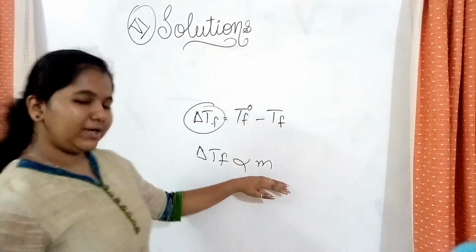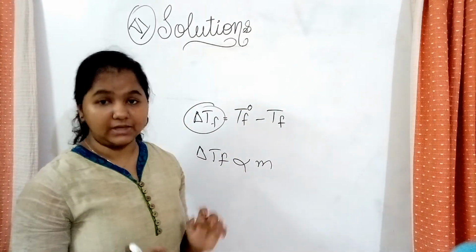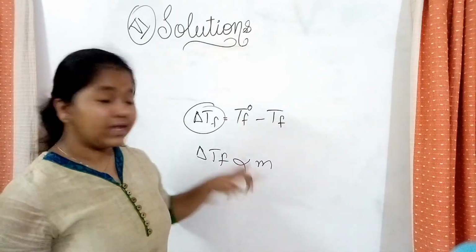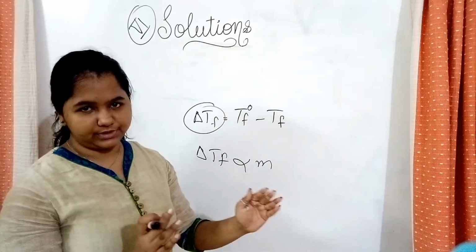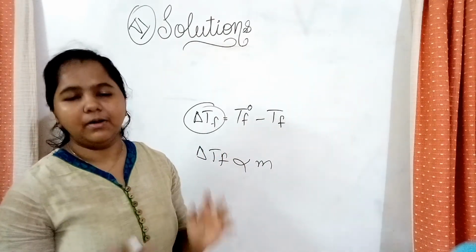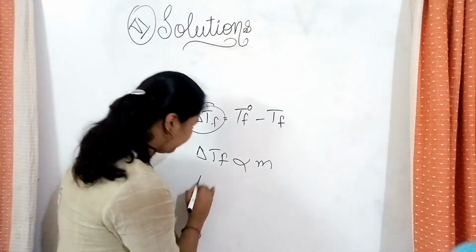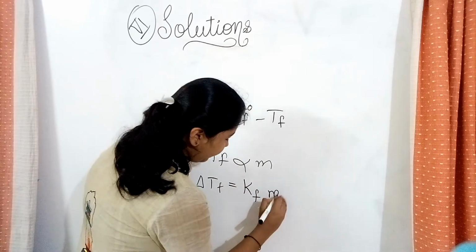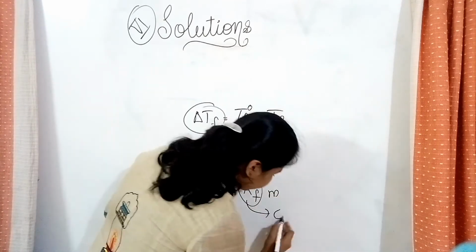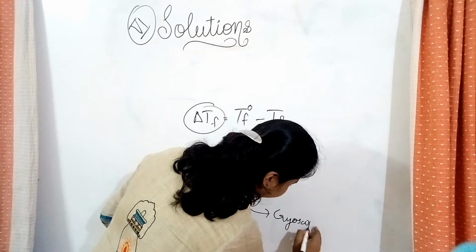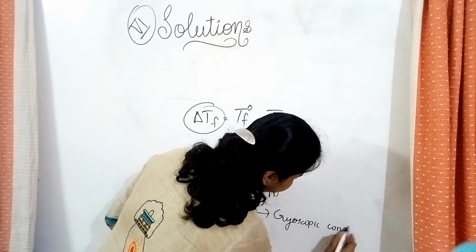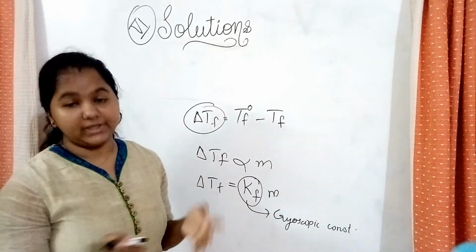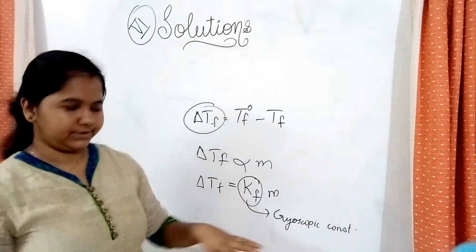In the previous case, we put in a constant K_H, but that was for another quantity. Every quantity doesn't have the same constant. So here, delta T_F is equal to K_F m. K_F is called the cryoscopic constant. The one for the elevation in boiling point was the ebullioscopic constant.